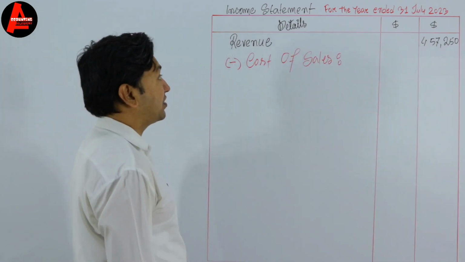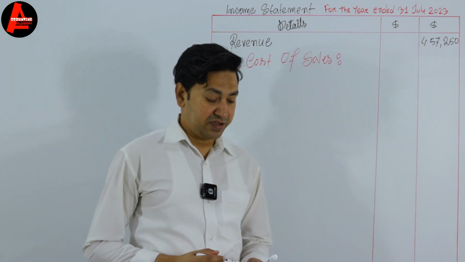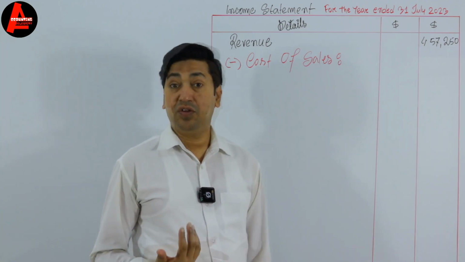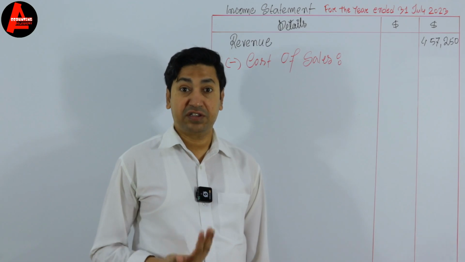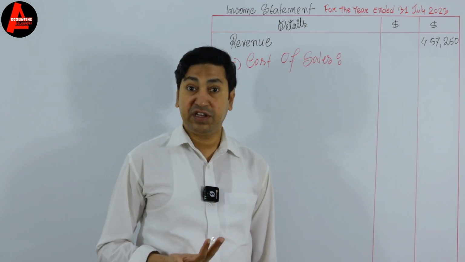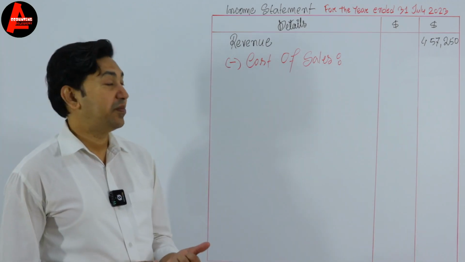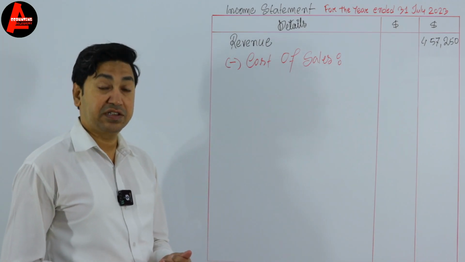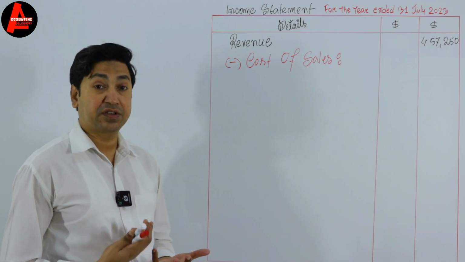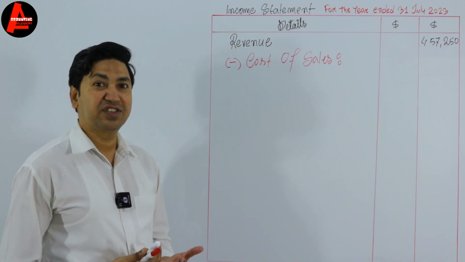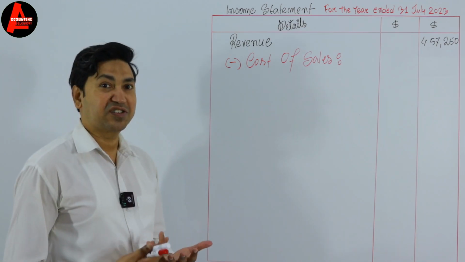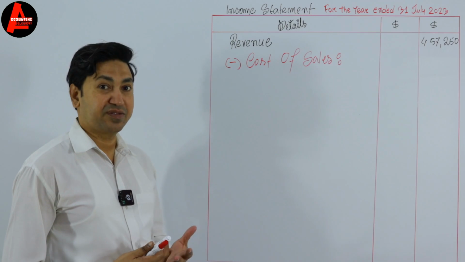Now the question is how to calculate cost of sales. This is not complicated. Cost of sales equals opening inventory of finished goods plus cost of production plus purchases of finished goods minus purchase returns of finished goods plus carriage inwards of finished goods minus closing inventory of finished goods, which equals cost of goods sold or cost of sales.